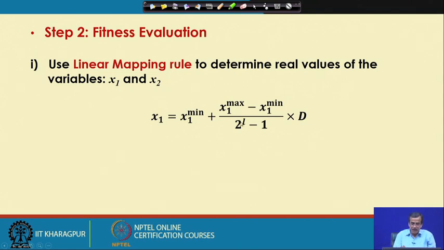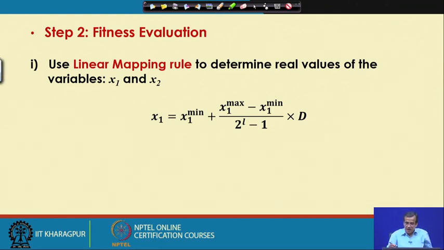If I know the value of small l and the decoded value, very easily I can find out the real value for this x 1. Now, let me spend some time on how to calculate the decoded value. It is very easy. Let us see how to find out the decoded value.